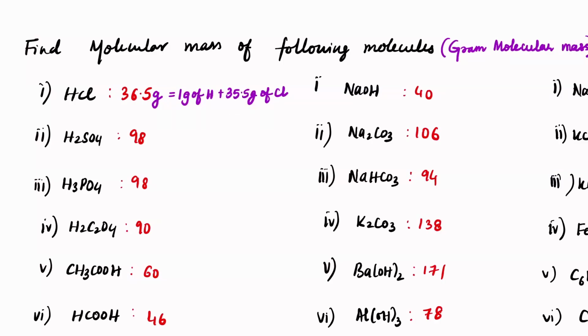Similarly, here also, when I say 98, that means I am taking 2 times of 1 gram of hydrogen plus 1 time of 32 grams of sulfur plus 4 times of 16 grams of oxygen. Adding all together, we will get this as 98 grams. Correct?